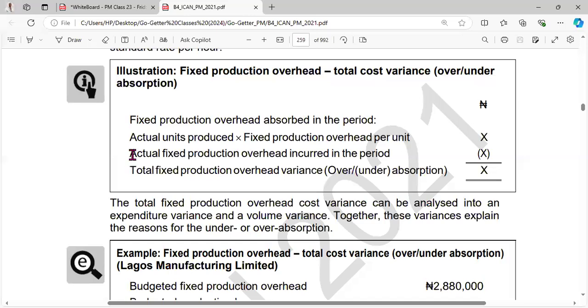So this is the actual thing you incurred using these actual units. If the upper one here is bigger than the lower one here, it means that what you budgeted for is bigger than what you actually spent. It means that you have over absorbed and it's favorable. But if the upper one here is smaller, it means you have under absorbed and that is adverse.